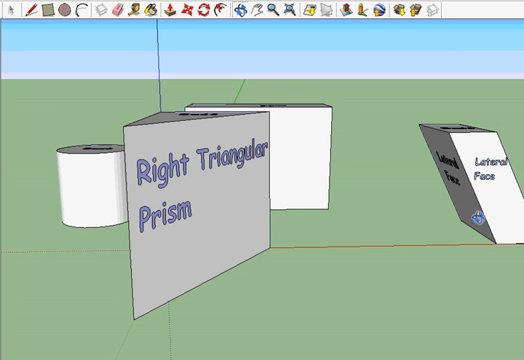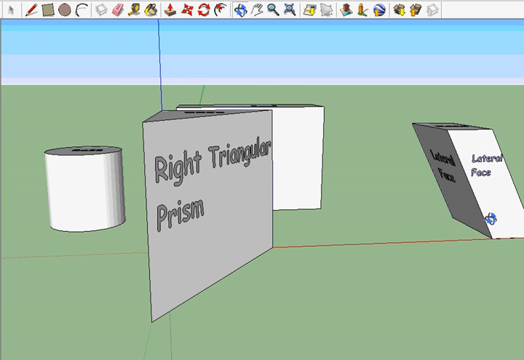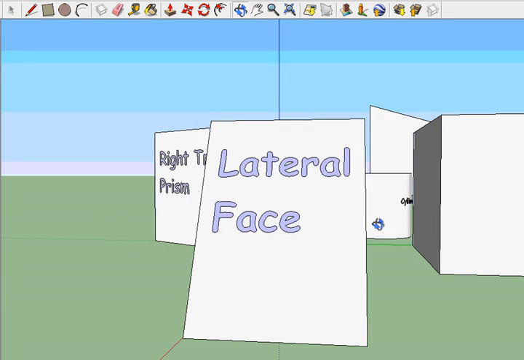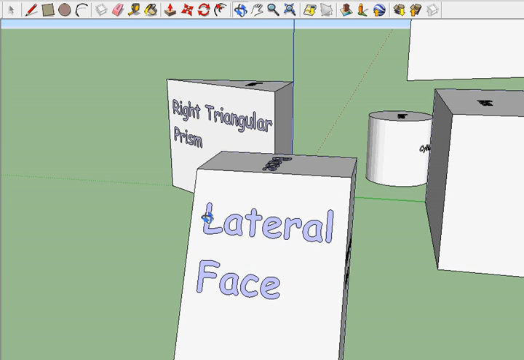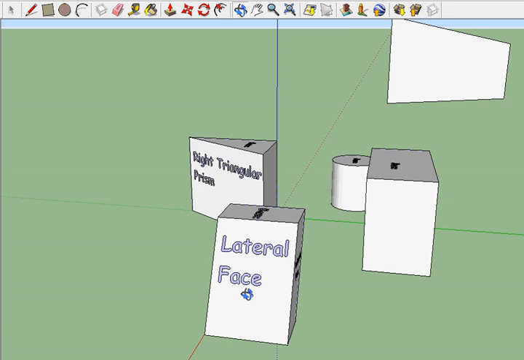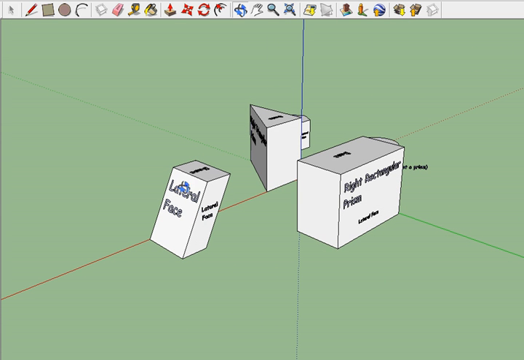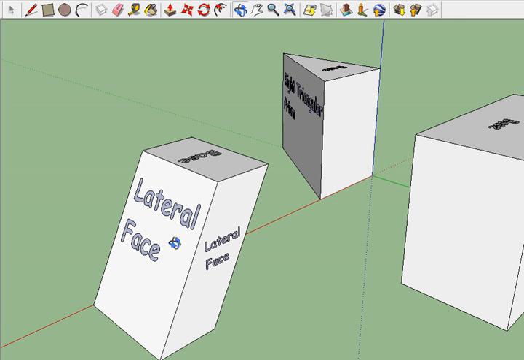Okay, let's look at this one that we kind of looked at before. This one is a rectangular prism. So we've got all the lateral faces. This is called a rectangular prism because the top and bottom are rectangles, but it's slanted.